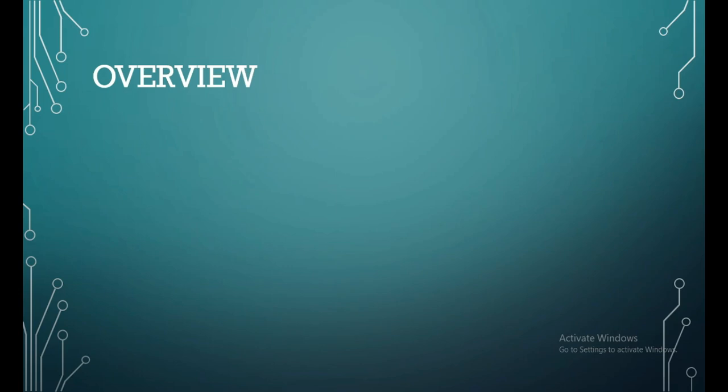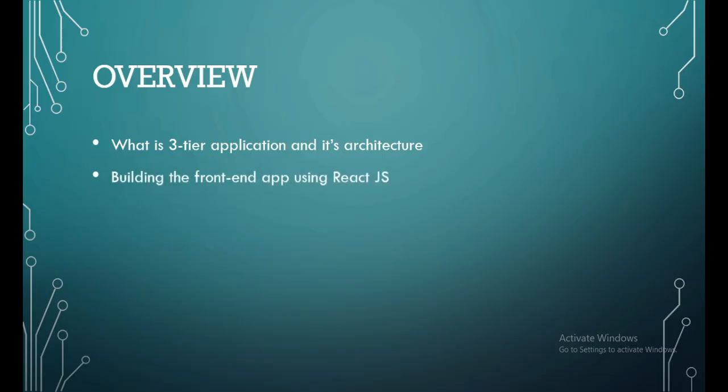So let's get started. In this series, we'll cover everything that you need to know about building and deploying a 3-tier application. We'll first discuss what a 3-tier application is and its architecture. Then we'll build a front-end application using ReactJS.